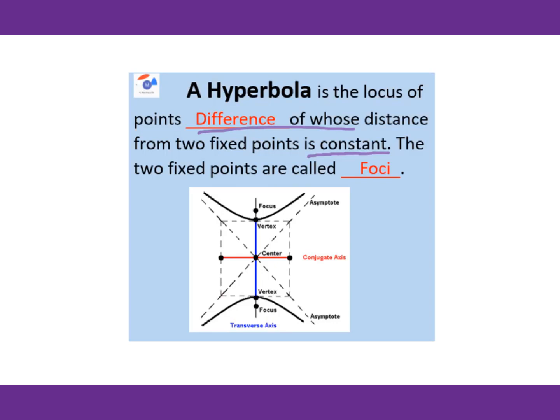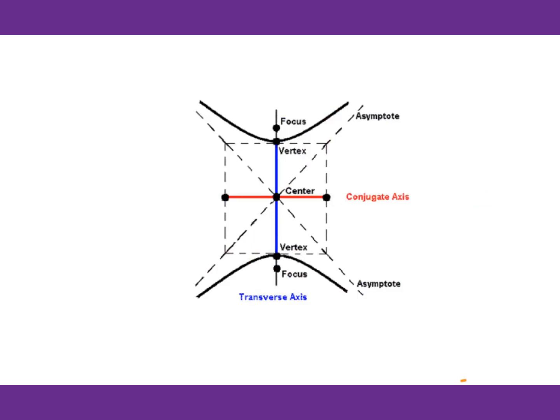In other words, for any point on the hyperbola, the distance to this focus is D1, and to this focus is D2. Then D2 minus D1 equals a constant, basically equals 2a.